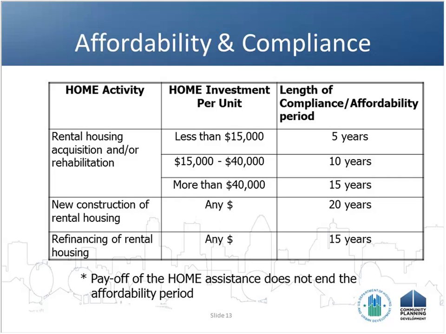We're making sure that the property either has systems and materials in place that are going to hold up for that designated affordability period, or we have maintenance reserves in place to cover things as they need to be replaced. For instance, if water heaters have to be replaced on average every 10 years, then we need to make sure we have reserves in place to cover that.